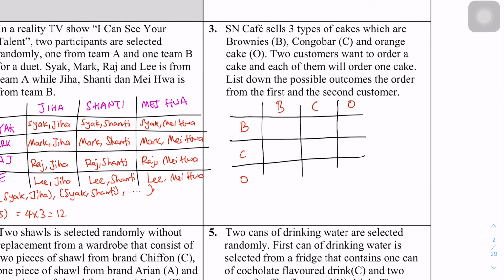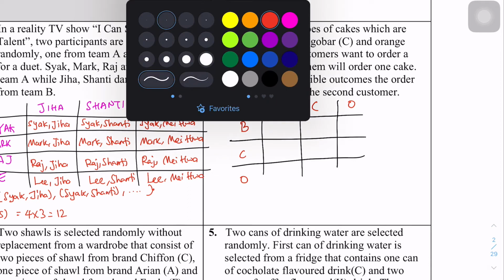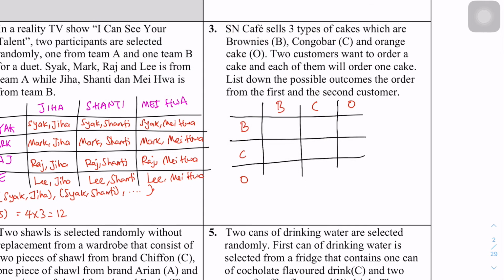So the outcome of the cakes may be brownies, Congo bar, orange cake, and so on. CB, CC, CO, OB, OC, and OO.